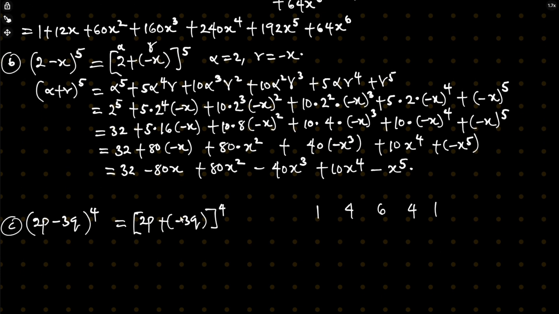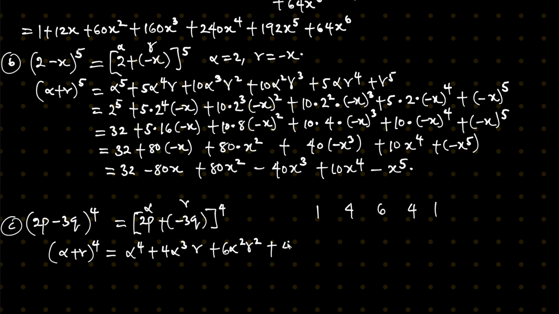So we decide to take this as alpha again, and this as gamma, and we do alpha plus gamma to the power of 4. So let's plug in the values.